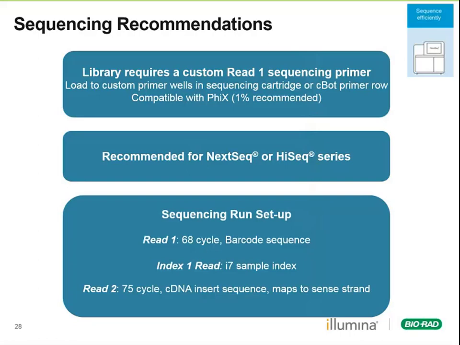In index 1, it's going to be a short I7 index that labels the sample the read is coming from. Then in read 2, we're doing a 75-cycle read, which will measure the cDNA insert sequence. And if we go back to the RNA, that would align to the sense strand.